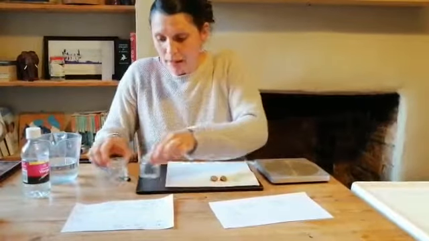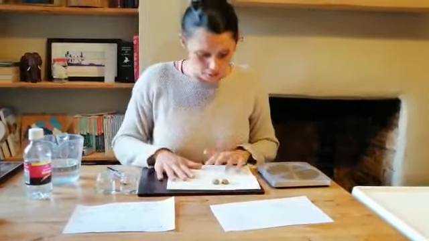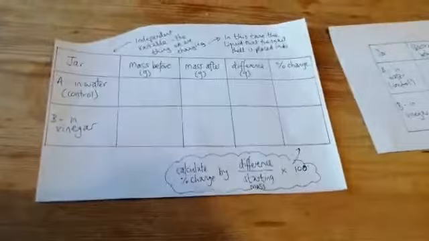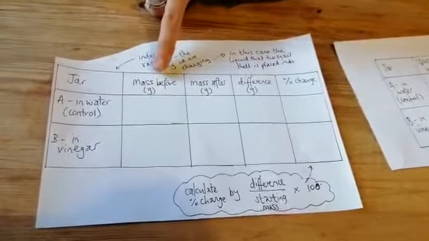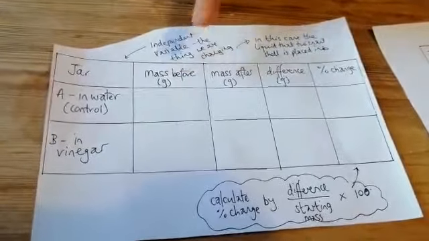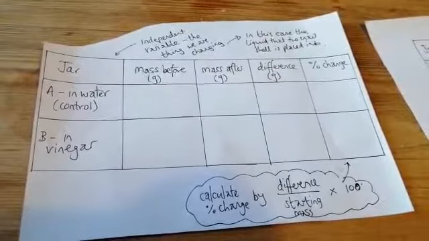Now, depending on what equipment you've got at home, you might be able to do this experiment really well. If you've got a very sensitive balance, you might be able to weigh your snail shell before and after you put it in these jars. If you were going to do that, there's a little results table here that you could record your results in. You could measure the mass of your snail shell before. We're going to leave it for a couple of days.